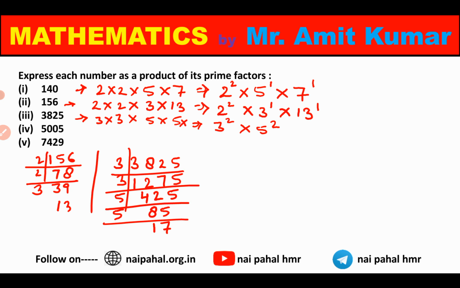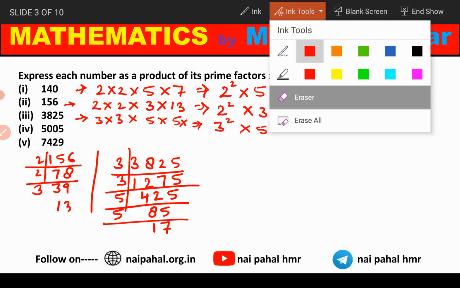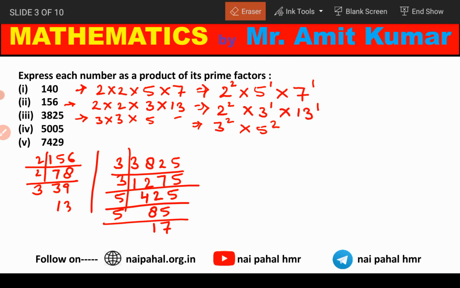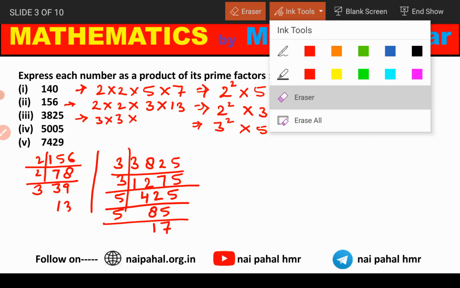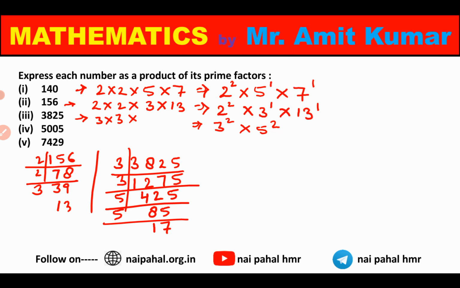Multiplied by 17, which we had missed. In that case, 3 power 2 multiplied by 5 power 2 multiplied by 17 power 1.